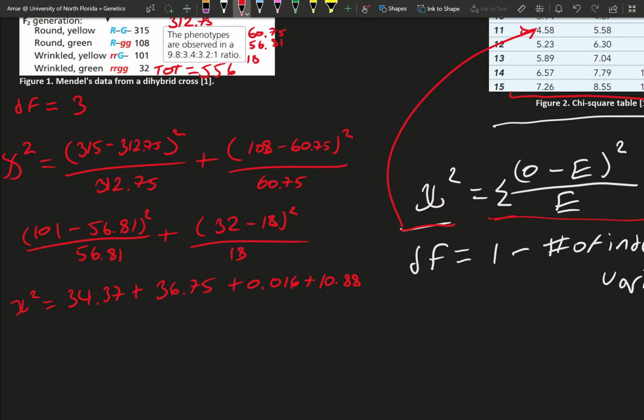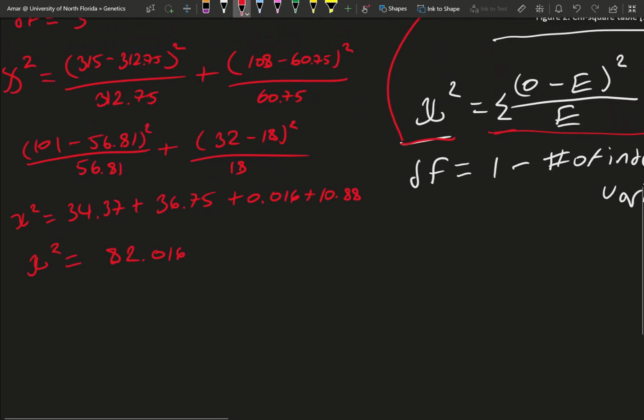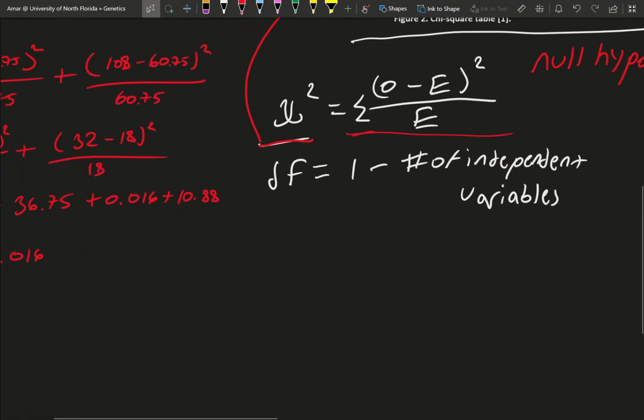So this is basically what I got. My chi-square value was 82.016.